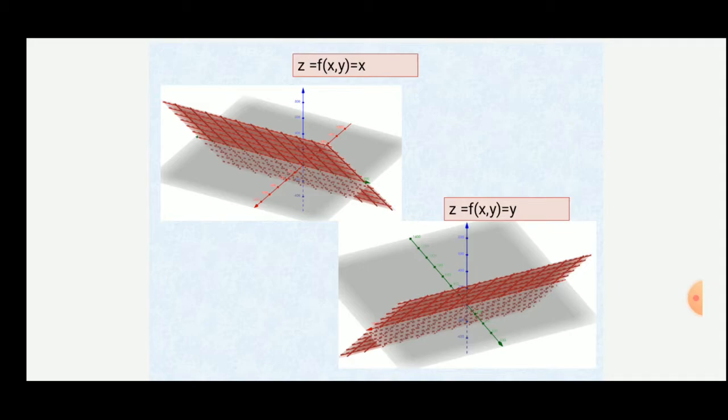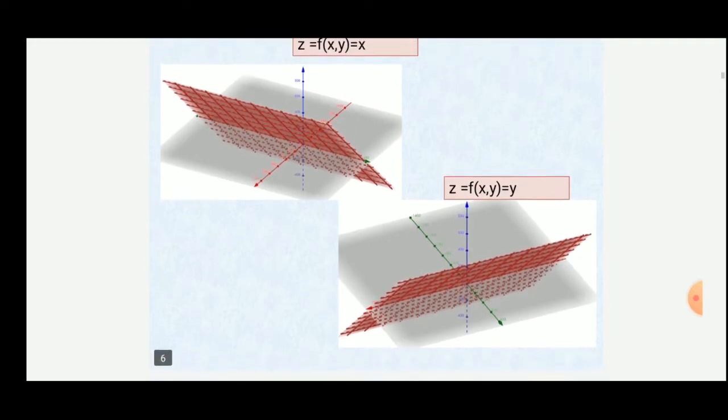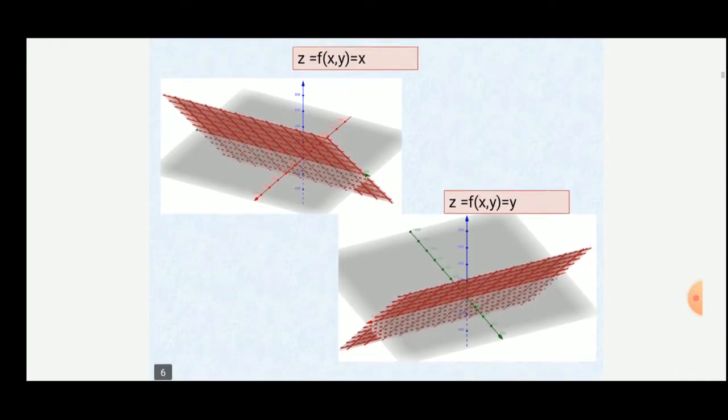So it is a plane passing through the origin. The next one is z equal to y. It is also a plane passing through the origin, and it collects all the points in R3 for which the y coordinate is the same as the z coordinate. Try to find the level curves for these two graphs.